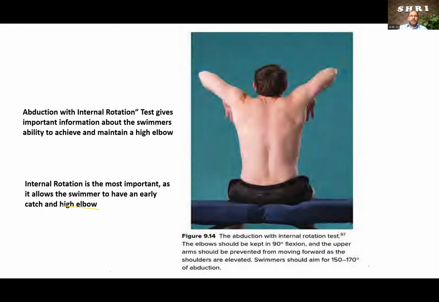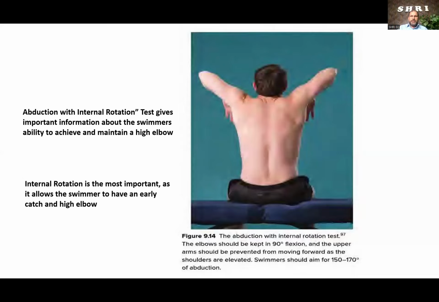That is called the abduction and internal rotation test. That is to have an idea about their high elbow. They have to have a high elbow. This test gives important information about the swimmer's ability to achieve and maintain a high elbow. Right? Then only they will be able to swim in the water.